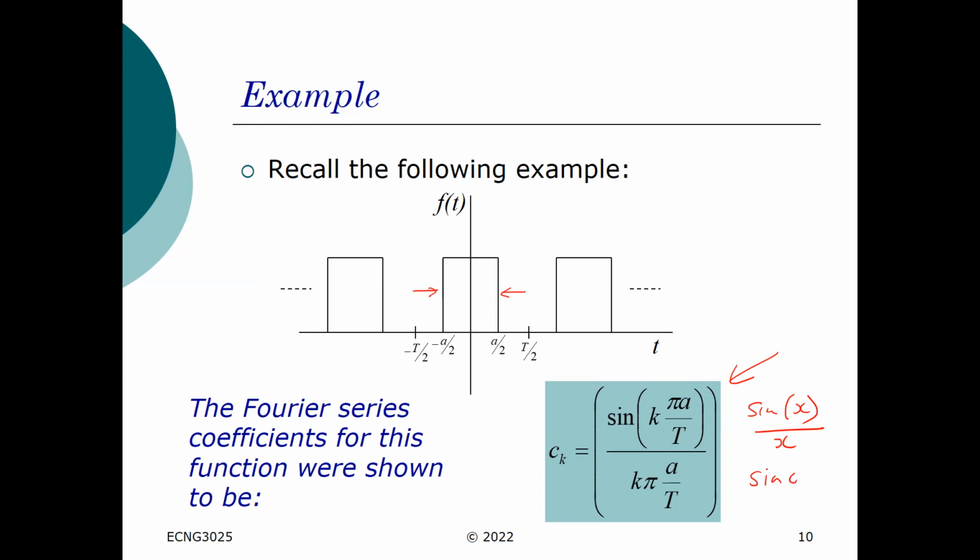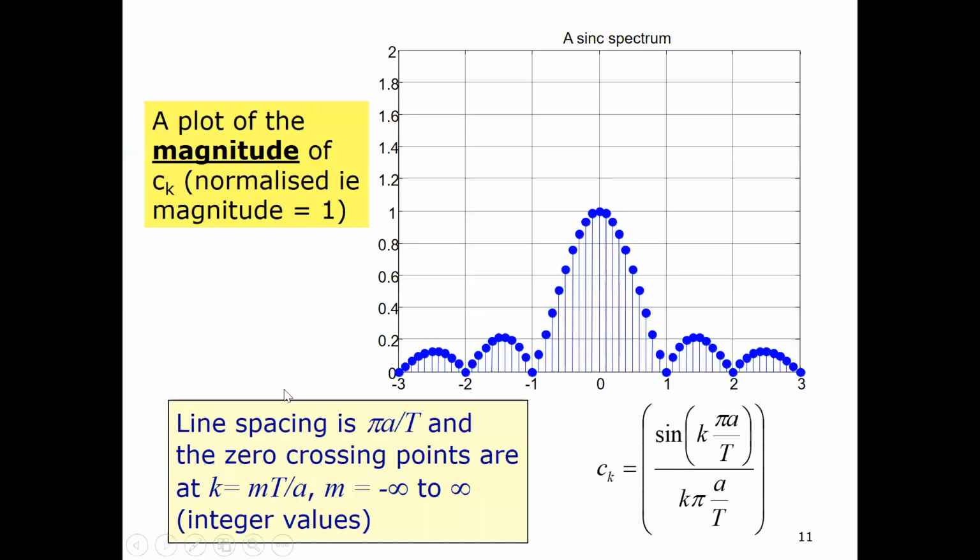Well, you met it in signals, but I'm sure you have met it since then in communications. So it's a sine x over x function, and if you plot it, this is what the magnitude of the function looks like. The actual function, if you plot it, is like this, and it goes on forever. So the magnitude of the function looks like this.